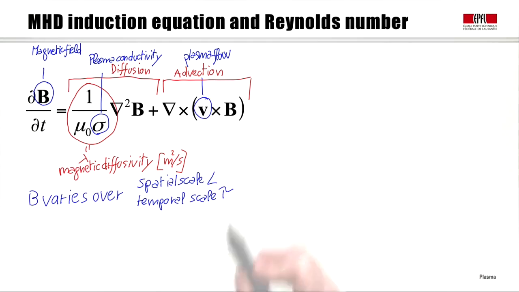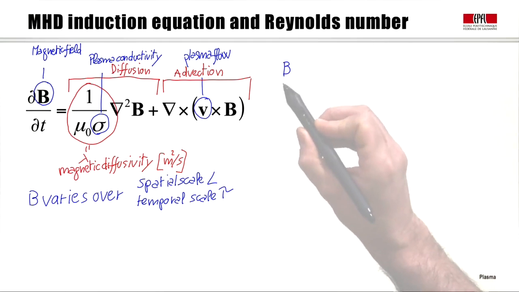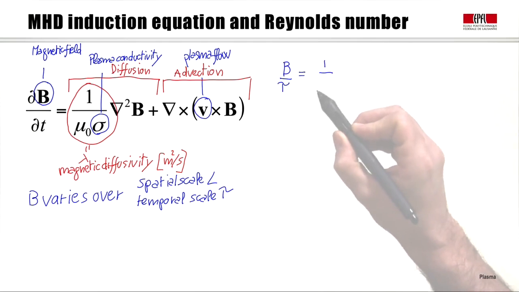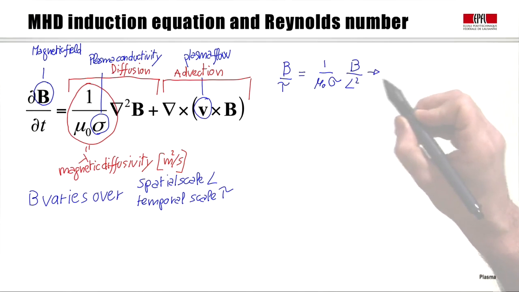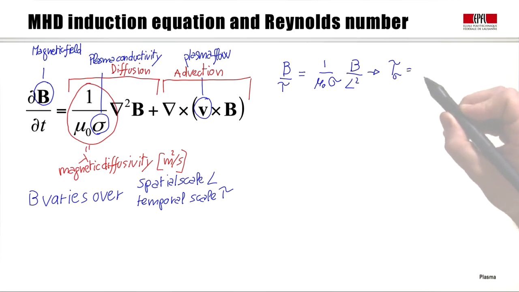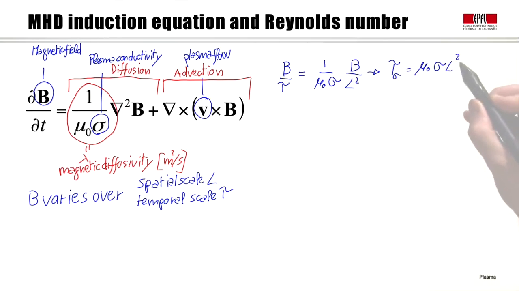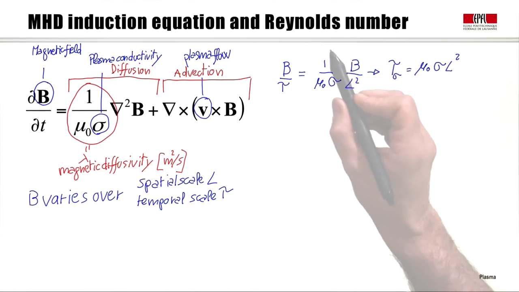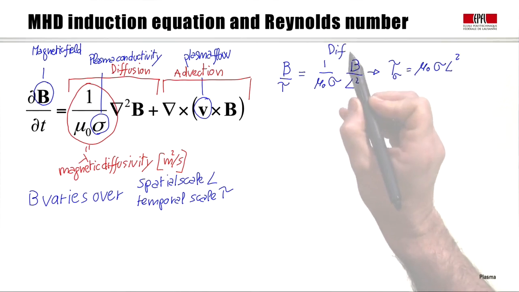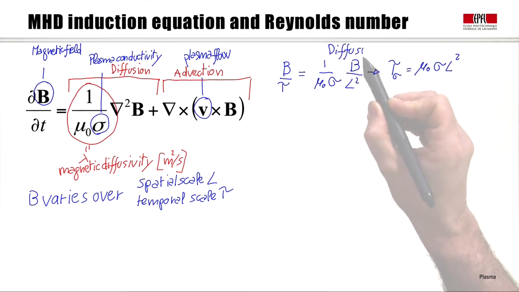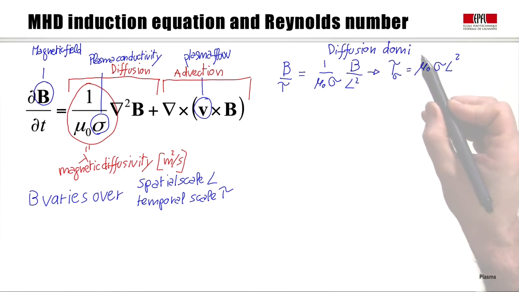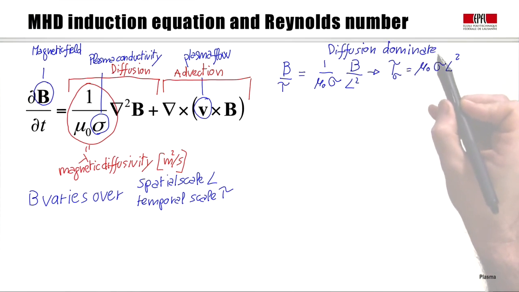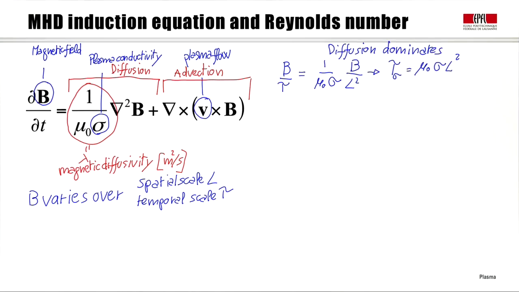Let's now consider the MHD induction equation only with the diffusion term. We can do the following estimate and come up with the resistive diffusion time, which we can write in the following way. Since we have ignored the advection term, this resistive diffusion time provides the timescale over which the magnetic field changes if diffusion dominates.